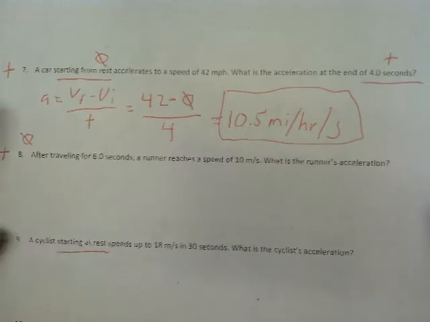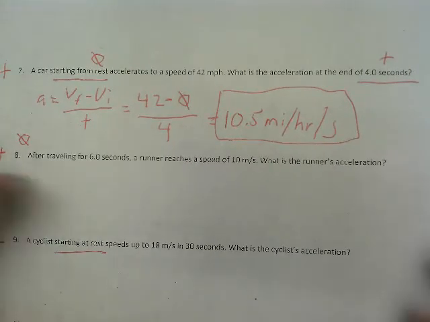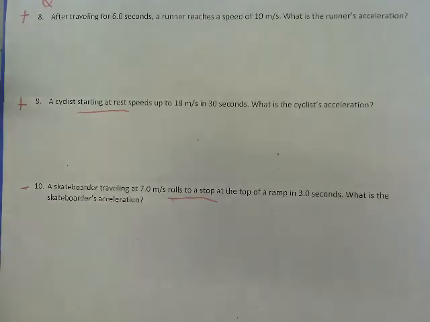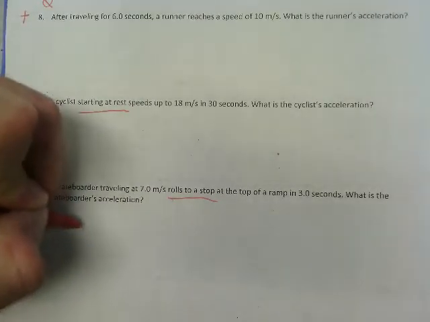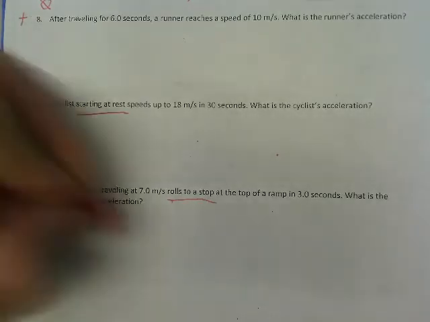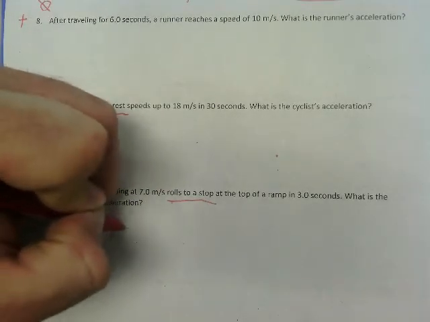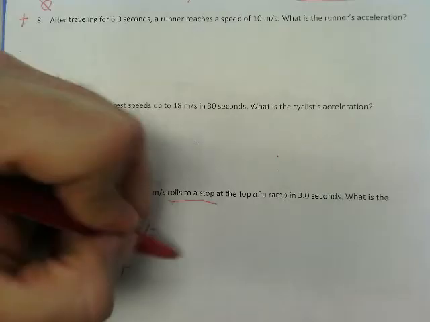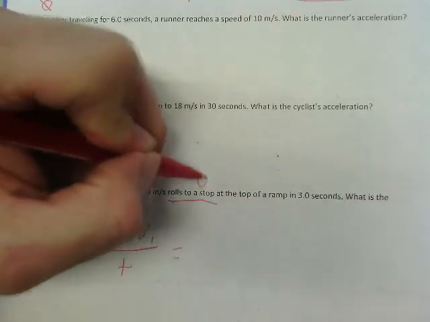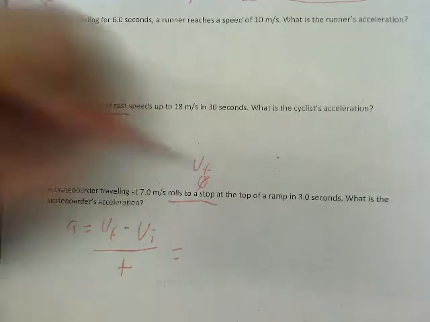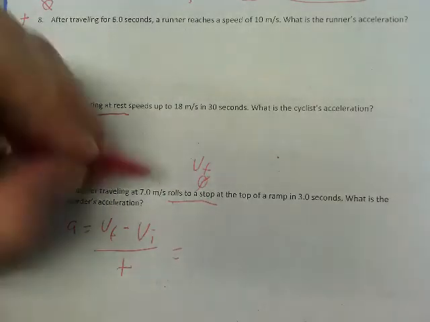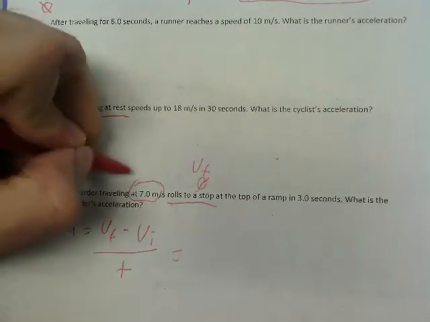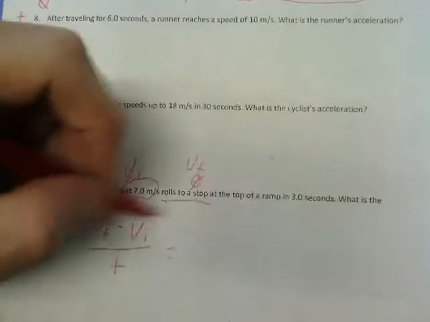I guess we'll do another negative, so number 10. So, acceleration equals final minus initial over time. So, rolls to a stop. That is our final velocity. Starts at 7, so it's our initial, and there's our time in seconds.